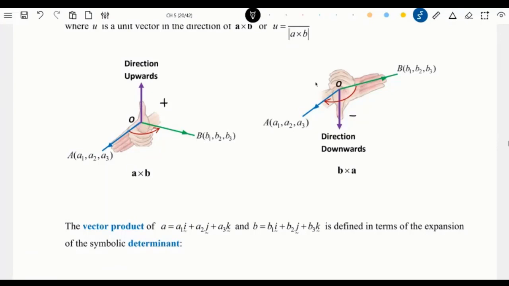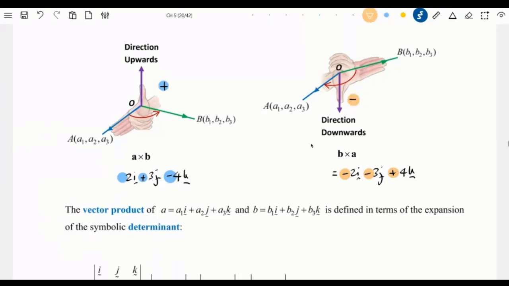So mungkin yang ini dia boleh jadi, let's say 2i plus 3j minus 4k. Tapi sebabkan dia terbalik, dia akan jadi negative 2i minus 3j plus 4k. Okay, so sign sahaja yang berubah tapi magnitude tetap sama. Okay, because we have it positive and negative sign.